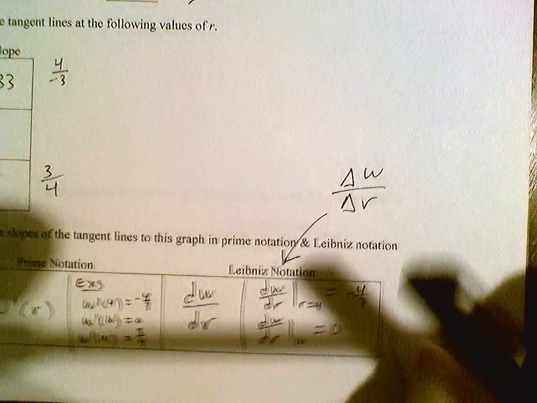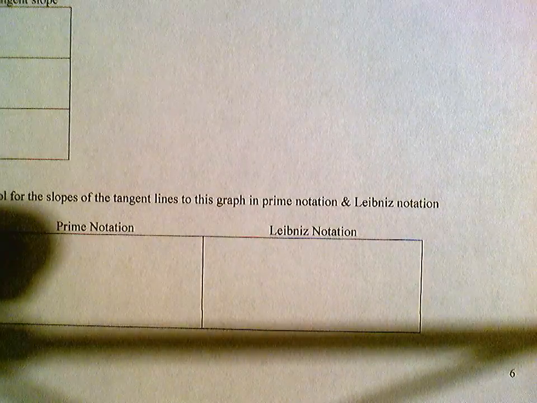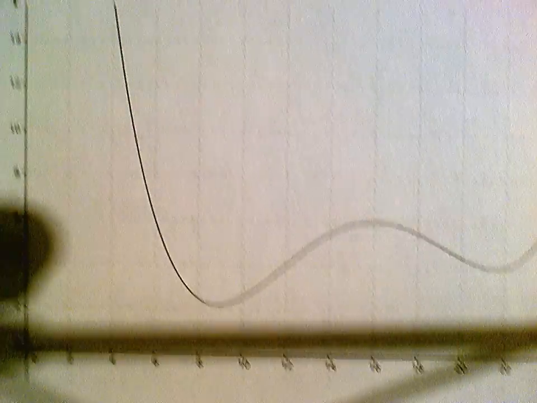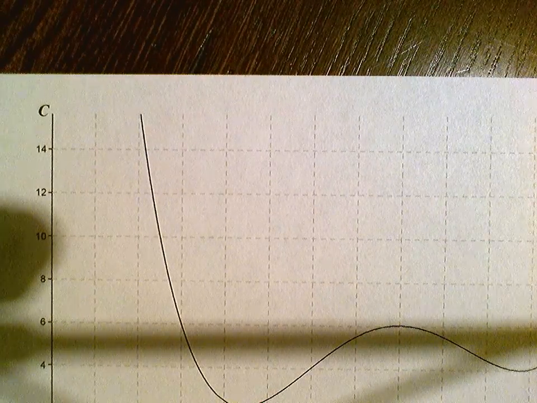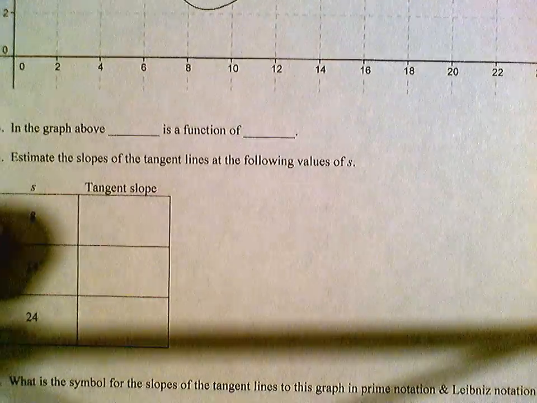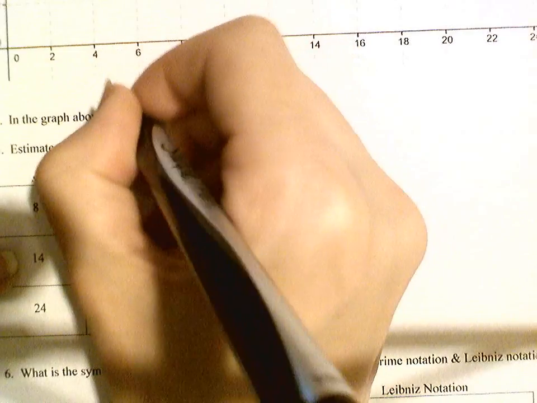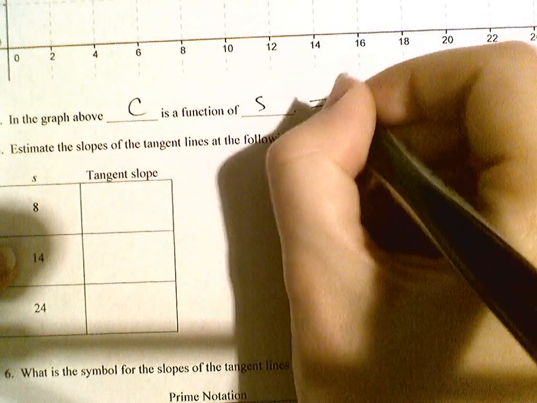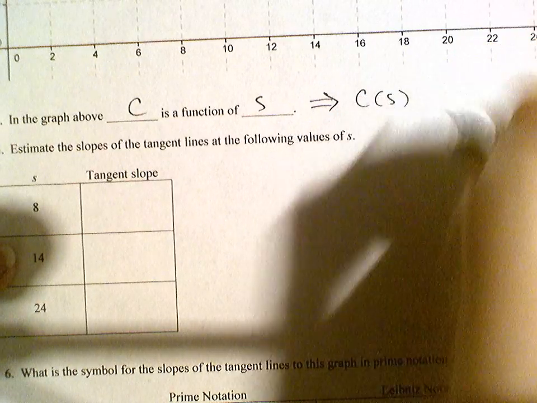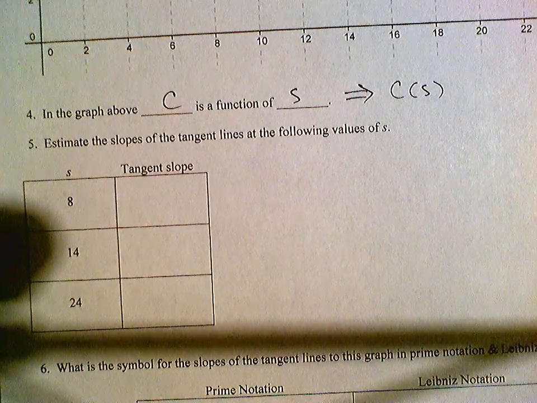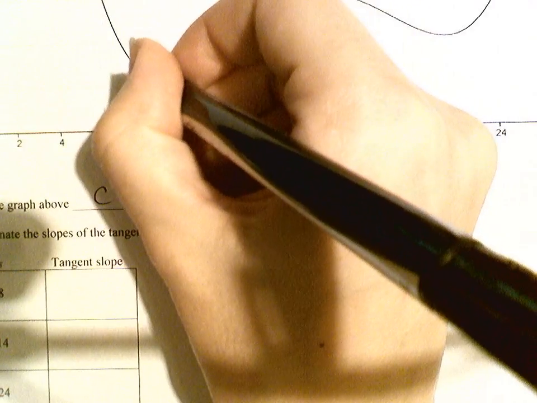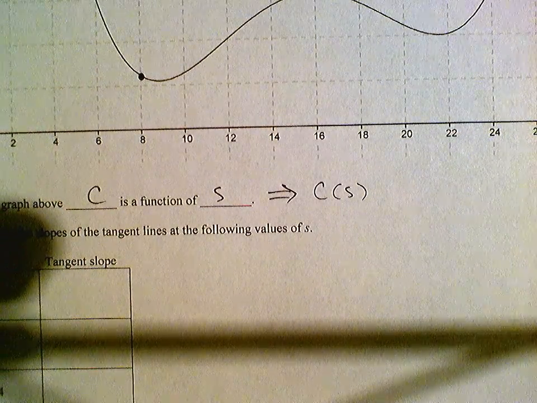Okay, guys, now flipping to the back, we've just got another one. I'll go a little bit faster here. So this time our vertical axis is C, our horizontal axis is S, and so therefore in the graph above, C is a function of S. Okay, so the function we're dealing with is C of S. Tangent slopes at 8. Just to speed things up, guys, I'm just going to tell you what I got last night.